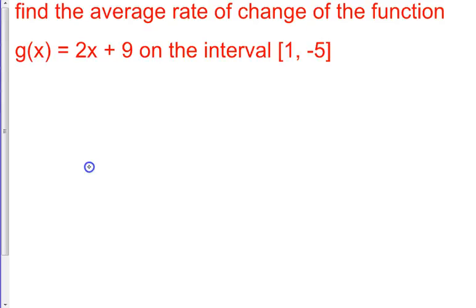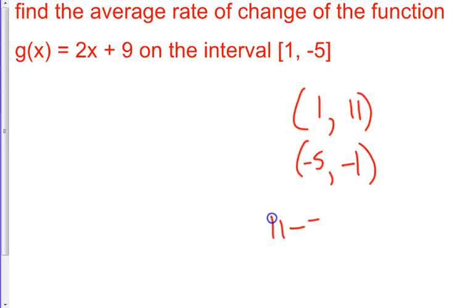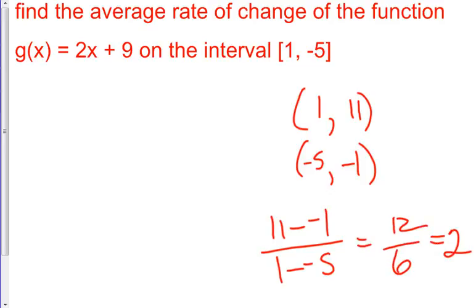Average rate of change, remember how to do that, or do you need me to go over it? 1, -5. I put in a 1, I get out 11. How'd I do? Put in a -5, I get out a -1. And then average rate of change is slope, right?